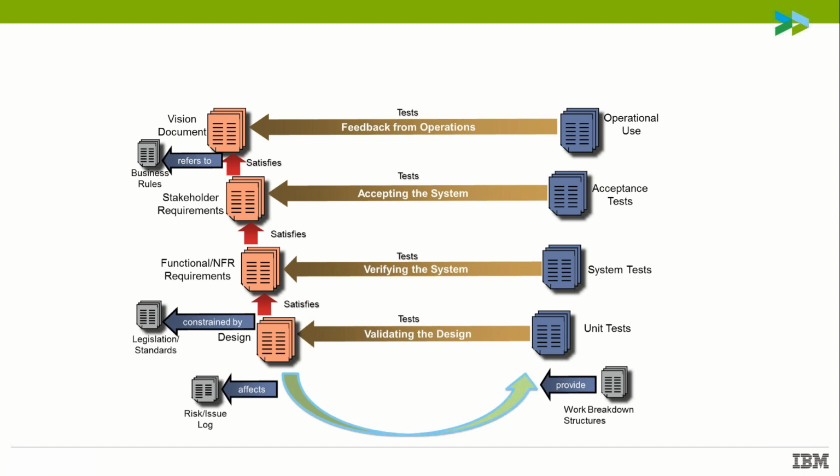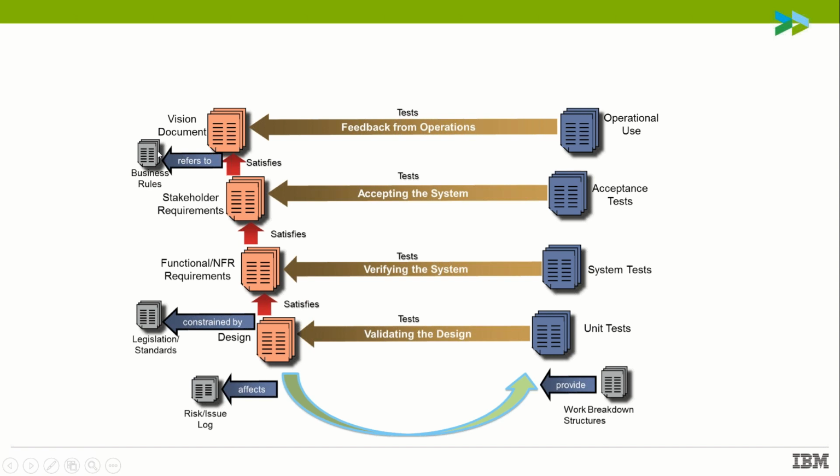And we carry on this process down the various levels of decomposition, and as we move through the design and the build phase and actually come to where we've got a working product, we're then going to do something similar as we move up through the various levels of our testing. So at each level of the testing, we're going to link back to the appropriate level on the requirement side and make sure that we're delivering what we actually wanted to deliver, what we actually promised to deliver.